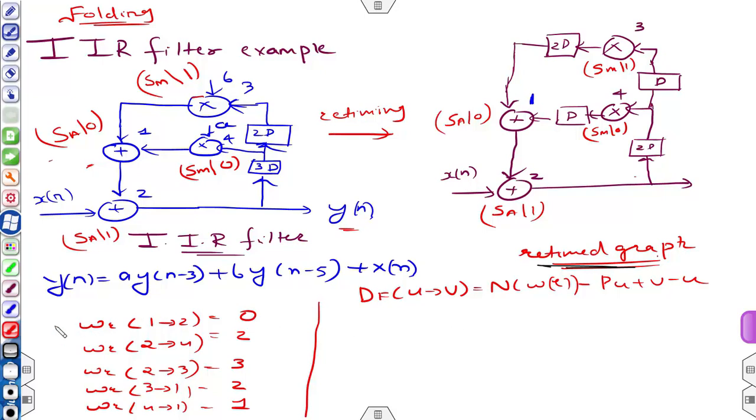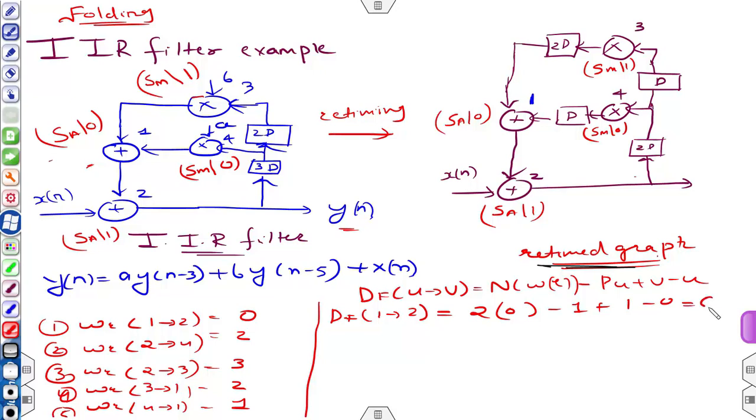So starting from equation 1, this is DF 1 to 2, folding order is 2, weight is 0, minus 1 plus 1 minus 0, so this is 0.